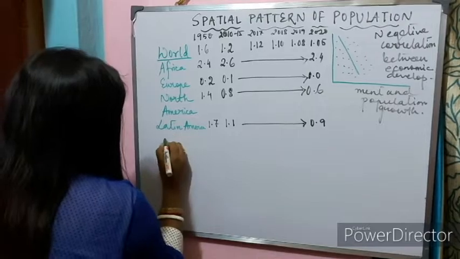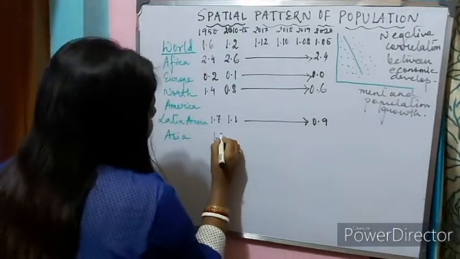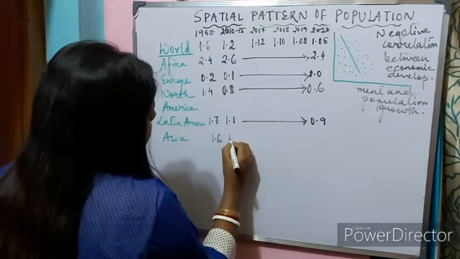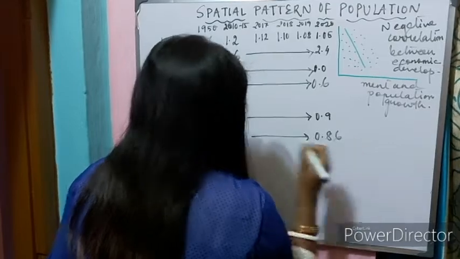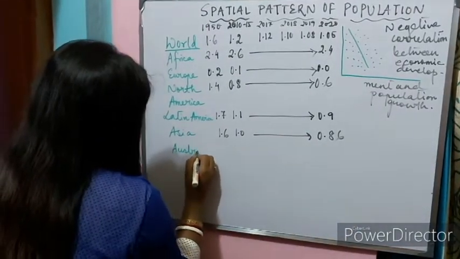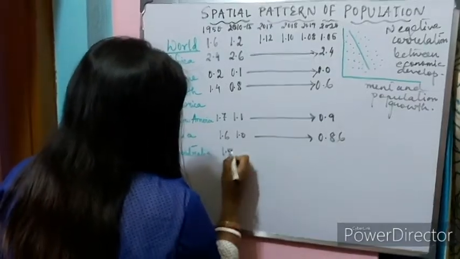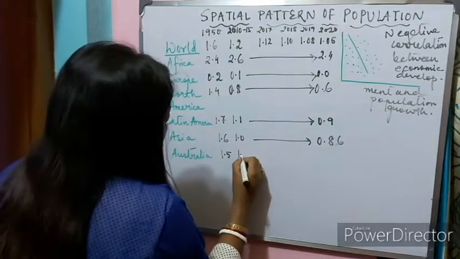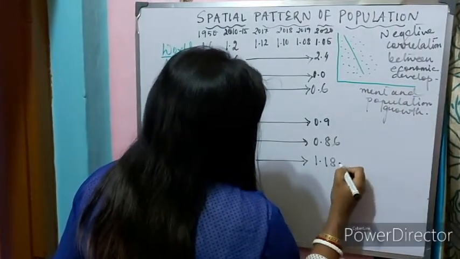In Asia, it was 1.6, in 2010 it was 1.0, and now it is 0.86. In Australia, it was 1.5 in 2010 to 15, and now it has reduced to 1.18.